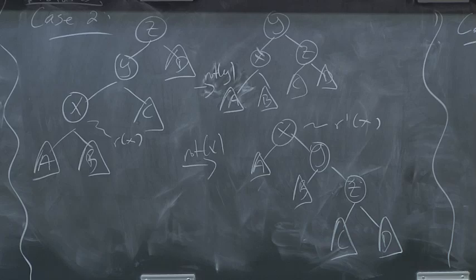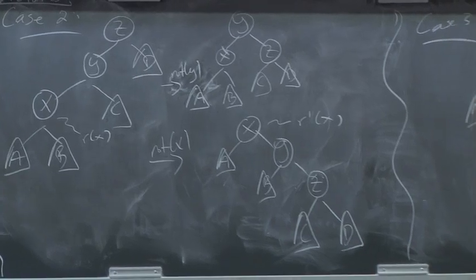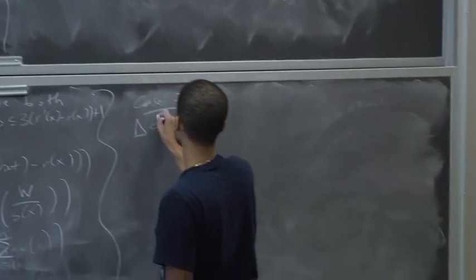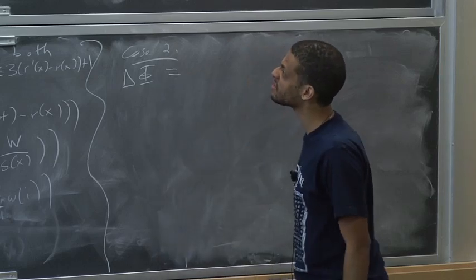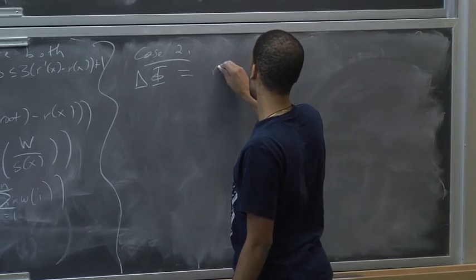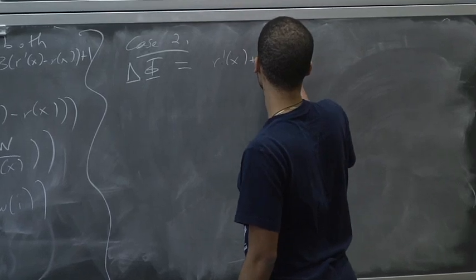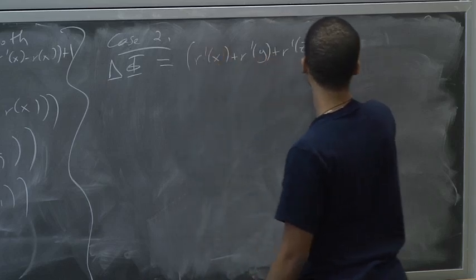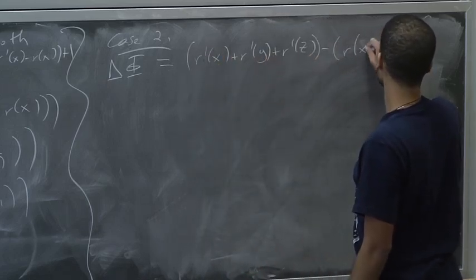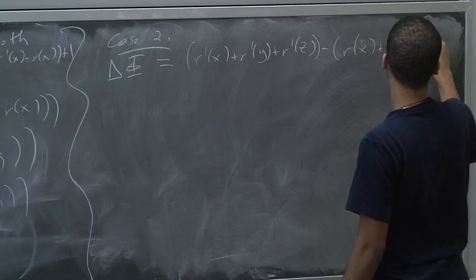So case 2, the difference in potential is r prime of x plus r prime of y plus r prime of z minus r of x plus r of y plus r of z.